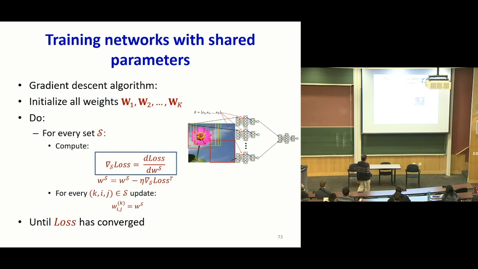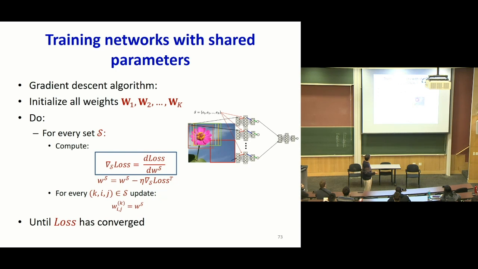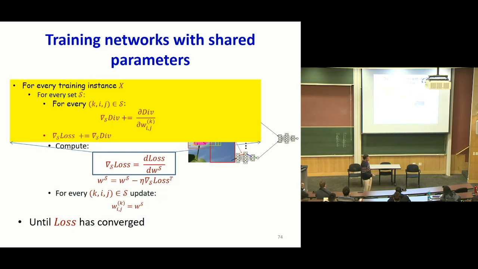But then this term, really in turn, because the set includes many parameters, if I expand the computation of the derivative of this one small term out, that one small term itself is going to be looping over all of the elements in the set which are supposed to have the same value, and I'm going to be summing the divergences with respect to all of those.